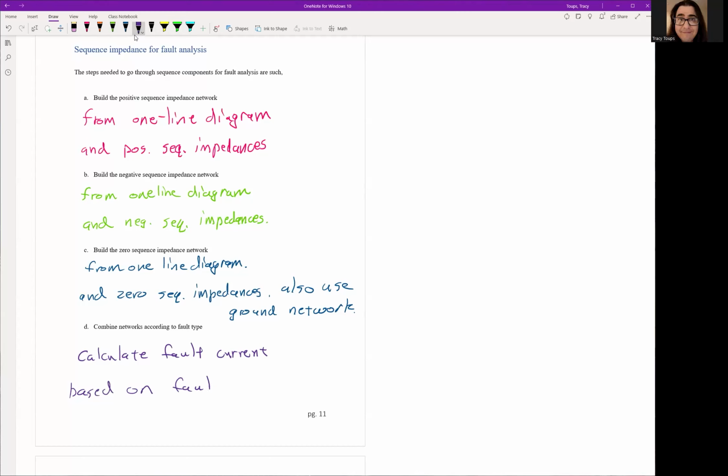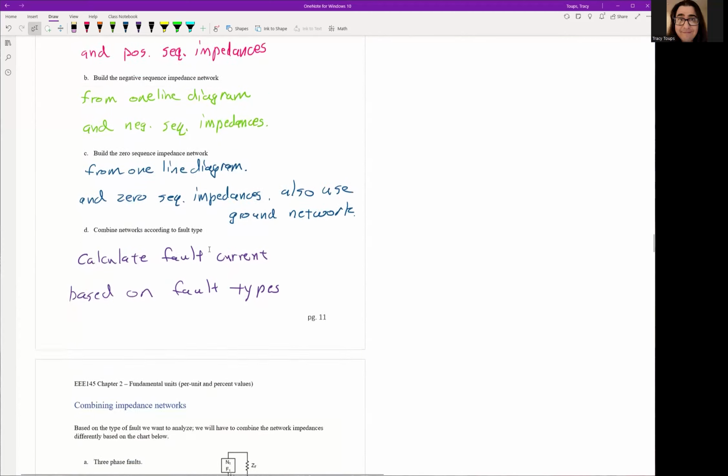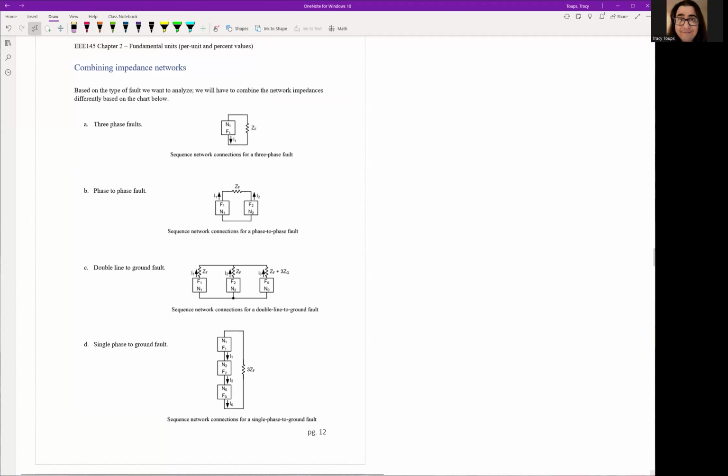So different fault types will use different networks configured in different orientations, right? So step number 1, get your one-line diagrams, get your impedances, build 3 separate networks. Next, after all 3 networks are built, we're going to combine the networks together, either in series or parallel, depending on the type of fault we want to look at.